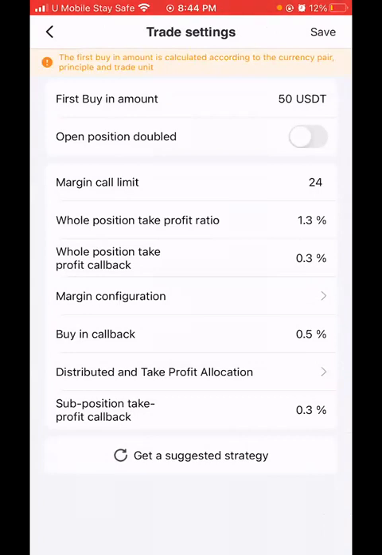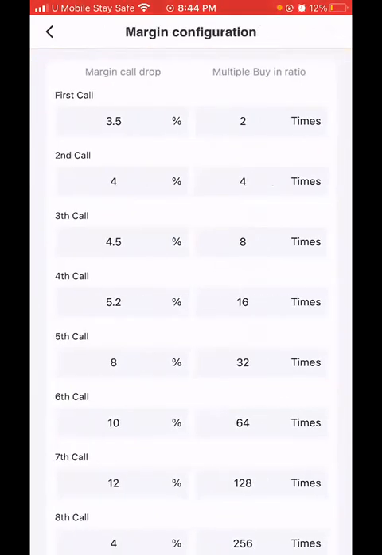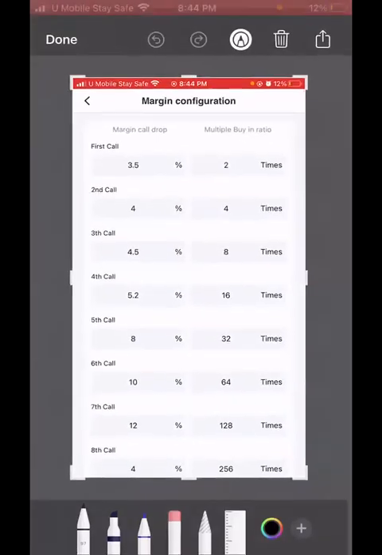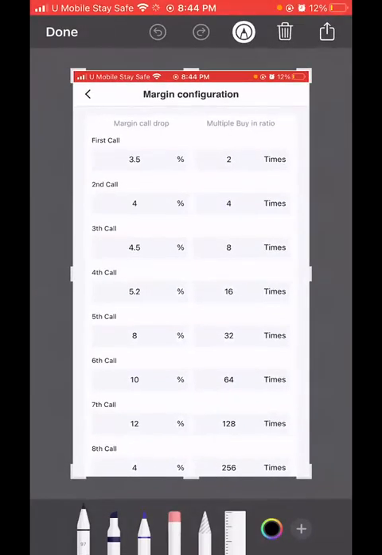If I set the margin configuration, look at it. Let's assume the percentage drop I'm taking from distributed allocation from the fourth call is 3%. And, okay, let's start from the fifth call, sixth call. So from the sixth call it is 3%, then from the fifth call it is 2.6%.